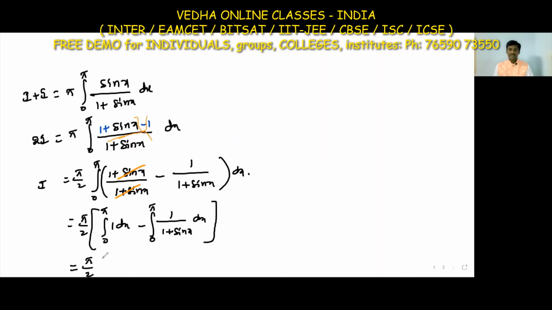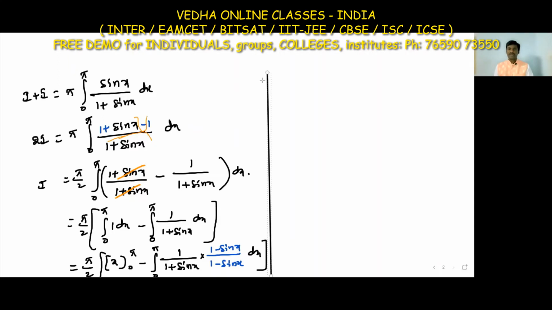Now pi by 2 stays outside, and the integral of 1 dx is x, with limits 0 to pi, minus the integral from 0 to pi of 1 by (1 plus sin x), where I am multiplying and dividing by 1 minus sin x, whole dx.